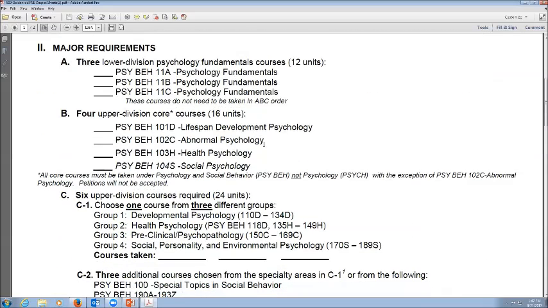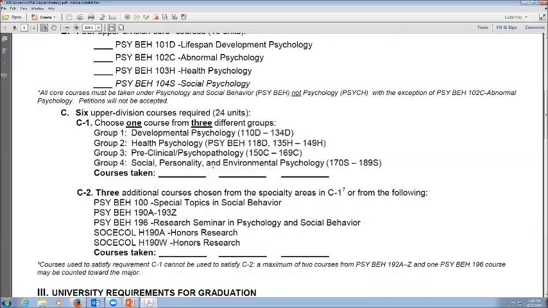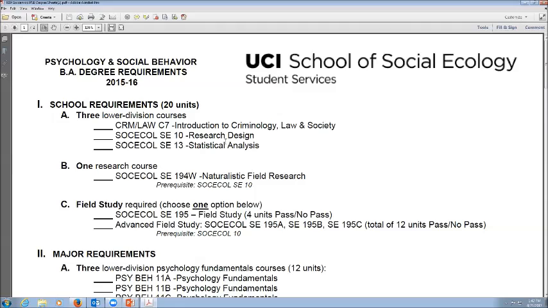Okay, this reflects the degree requirements that I showed you a few slides before. So you can also follow it through here, or like I said, eventually on your degree works that you can access 24 hours a day.